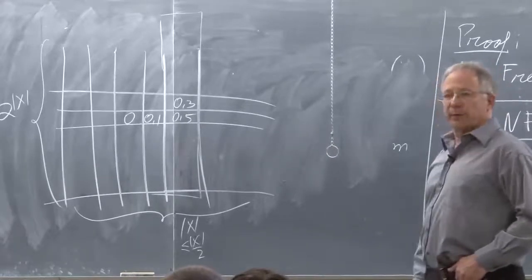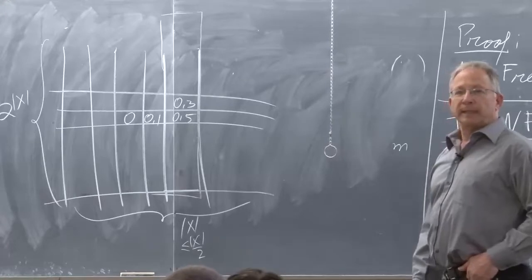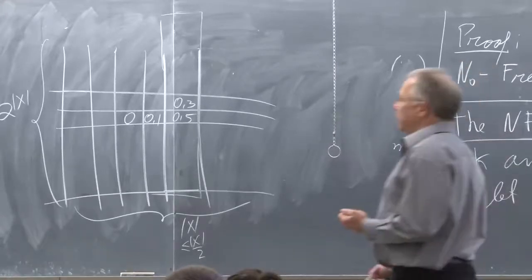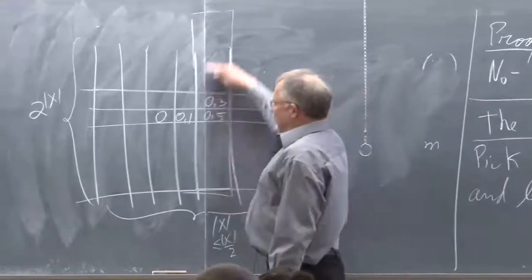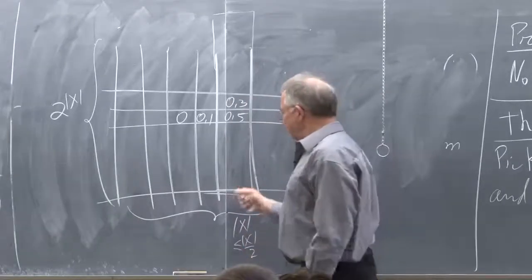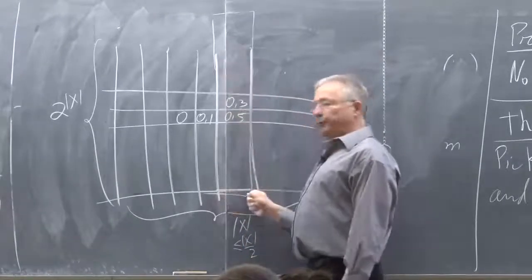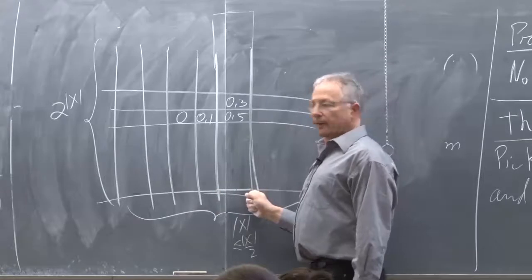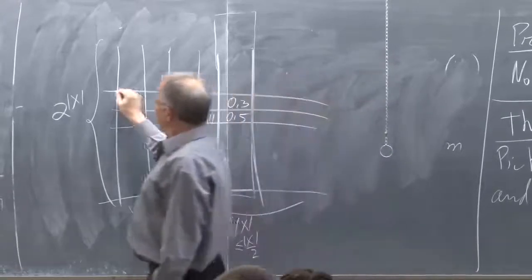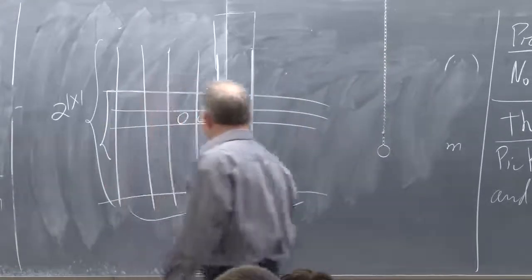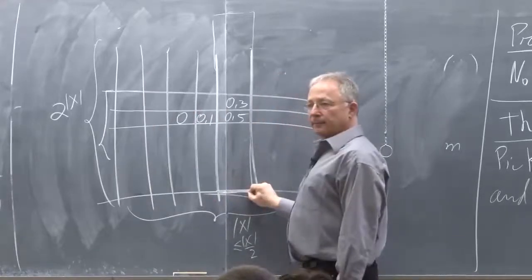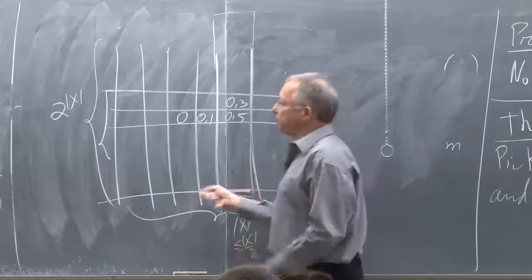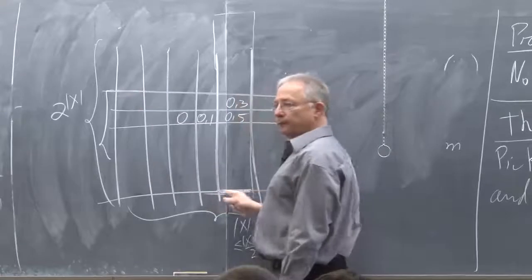Why? What is a column? A column is a fixed sample of m points. So I can group together all the functions that behave the same on this set. I can group functions according to how they behave on this sample.